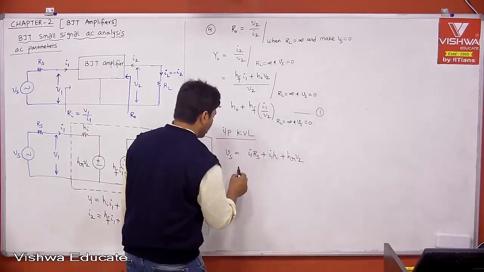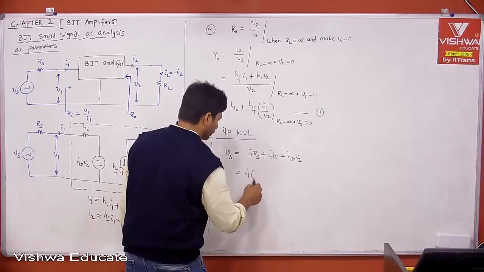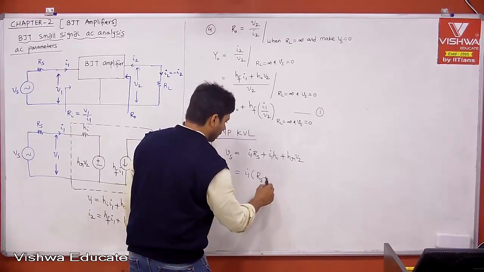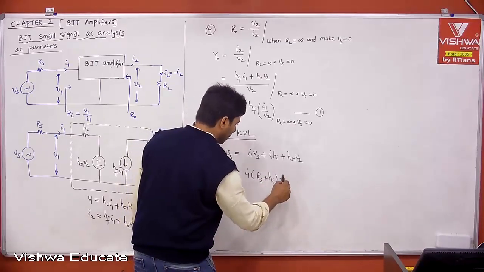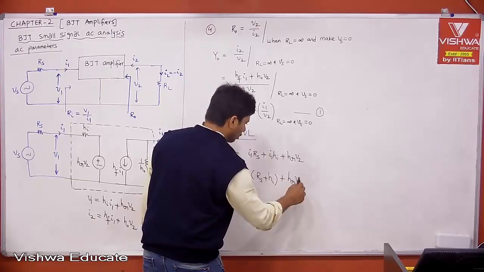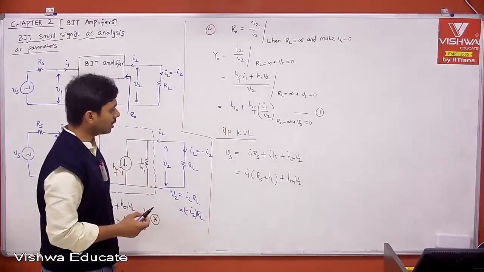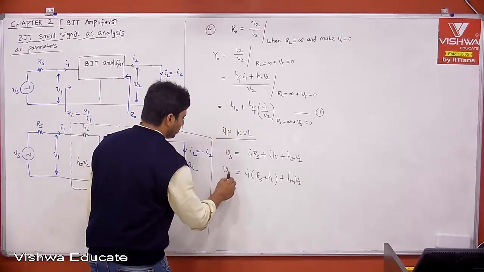If you take I1 common, you get Vs equal to I1 into Rs plus Hi, plus Hr into V2. This is what we got from input KVL.